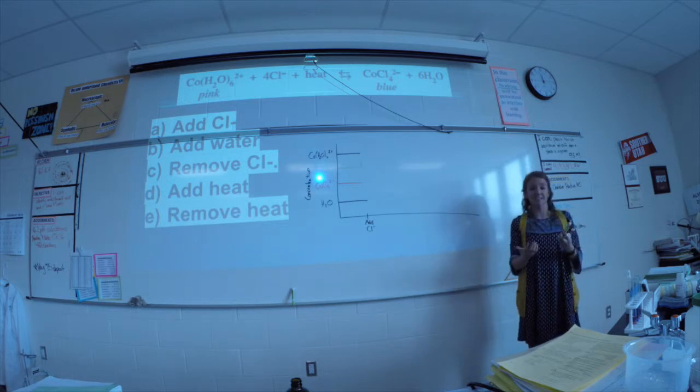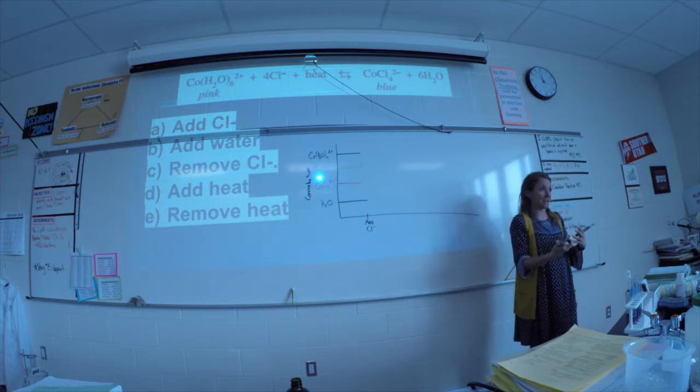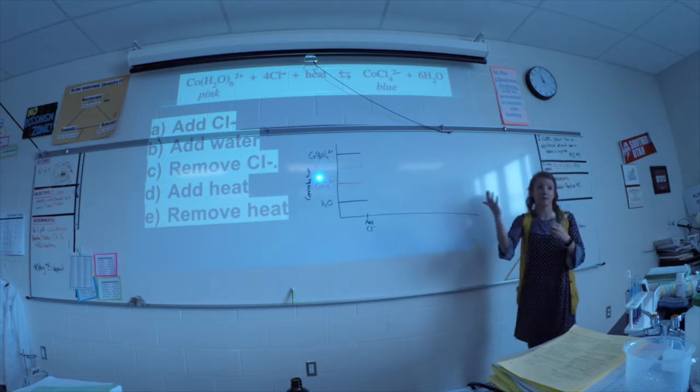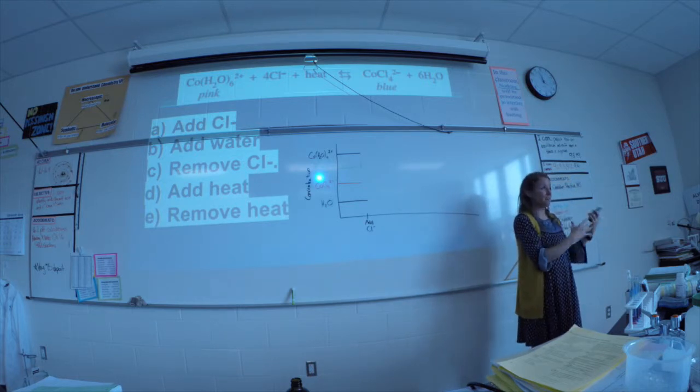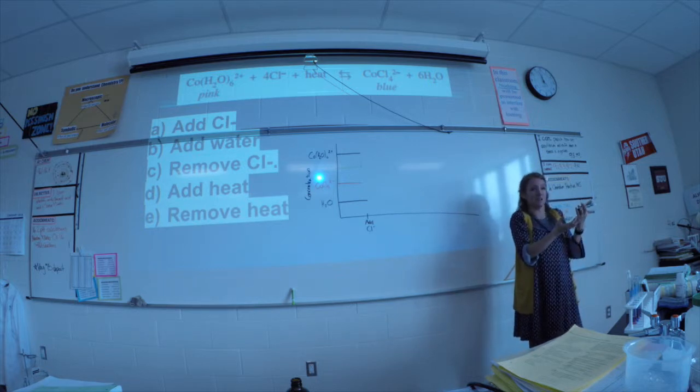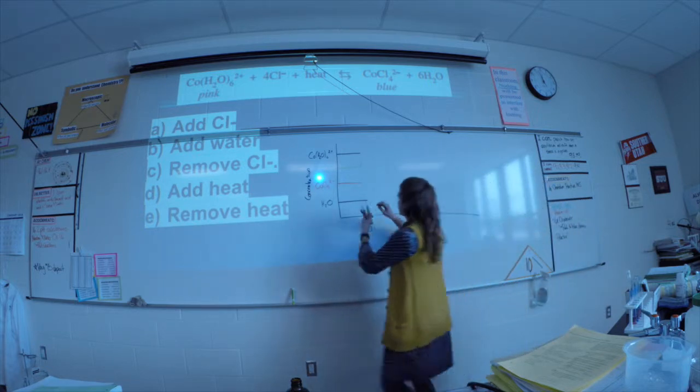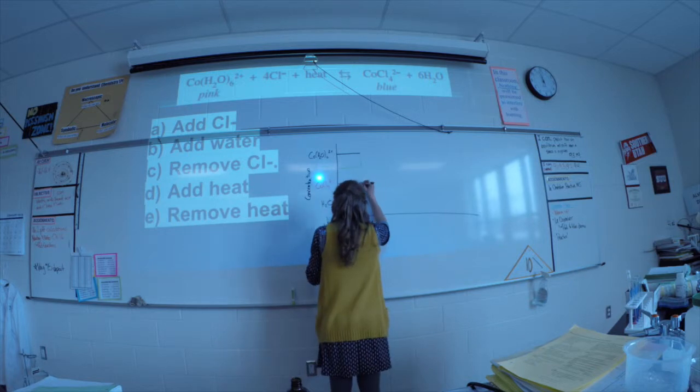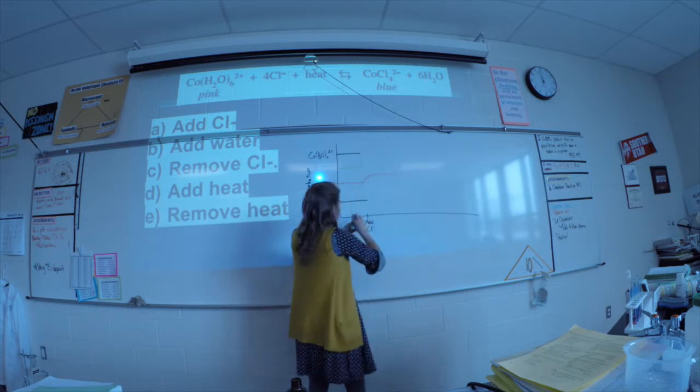Now for the rest of the lines, we need to show what the system does to fix itself. So we shifted to the blue, so that means everything on the blue has increased in concentration. So these two lines are going to go up, but it's a gradual up because that's the system shifting.